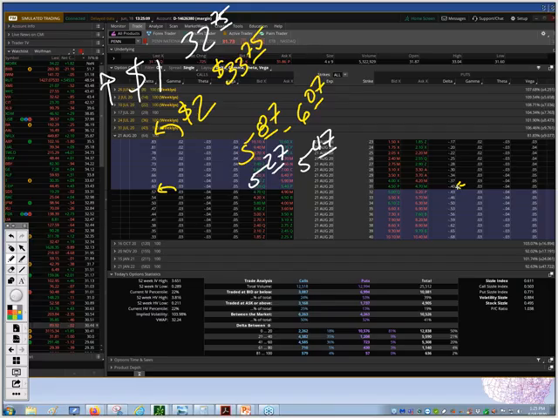Does that make sense so far? And vice versa. If it was a negative move, a negative plus that negative delta makes it a positive delta on a $2 move lower, then gamma adds into that delta for the puts. All right, so it works pretty much the same there. Any questions so far?